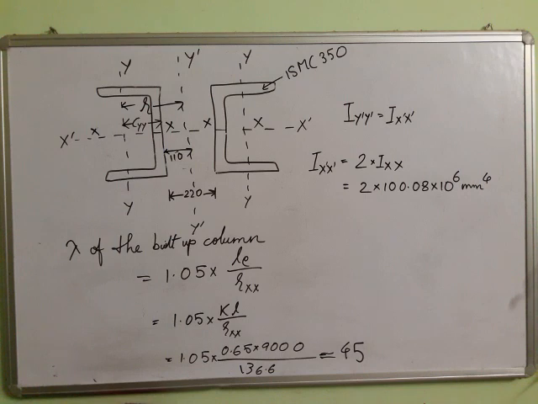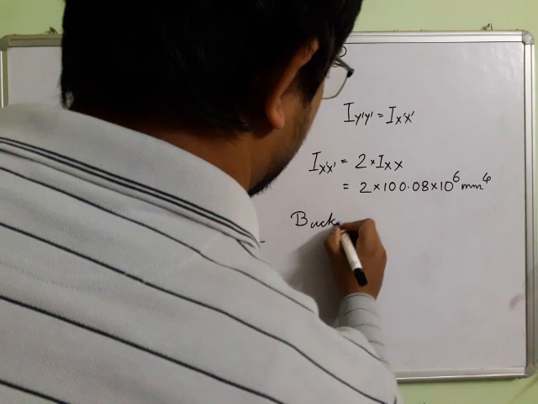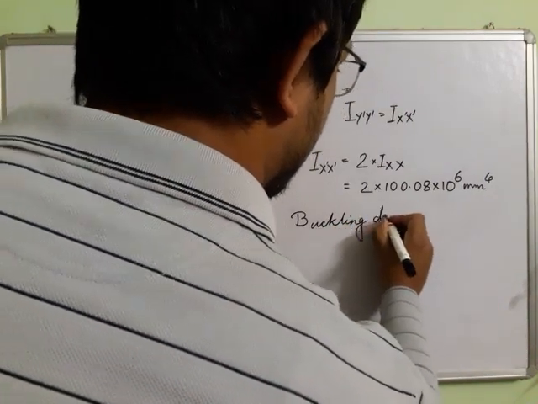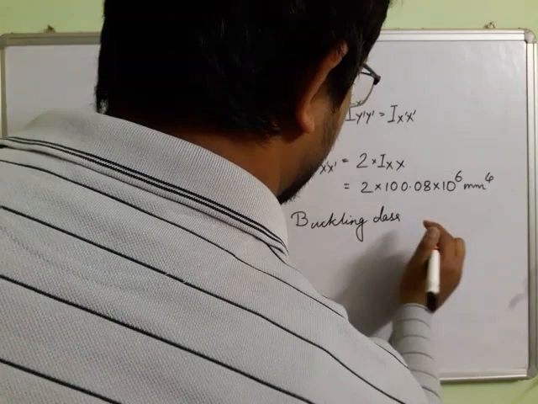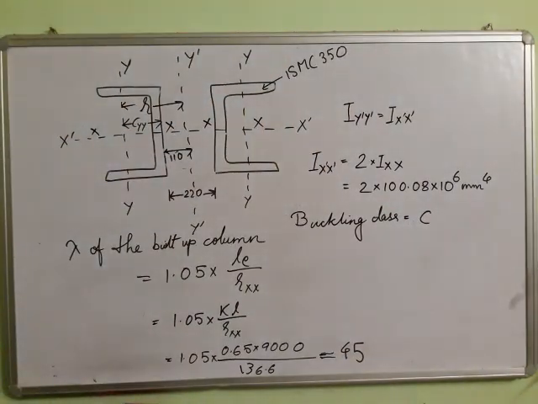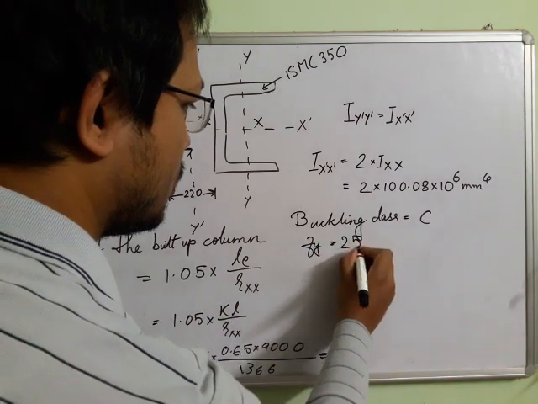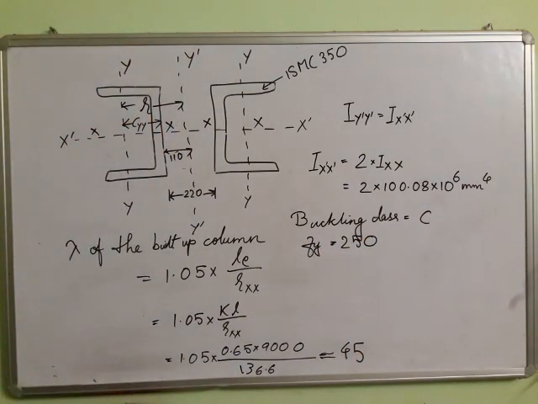Then we know that the buckling class of a built-up compression member is C. So using the table for buckling class C, slenderness ratio 45, Fy 250, we can find out FCD.